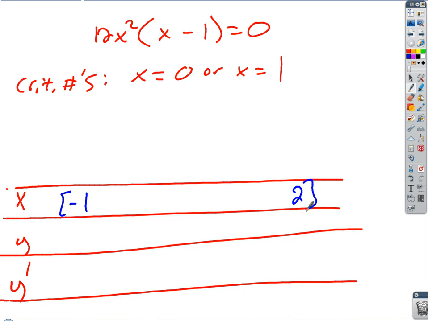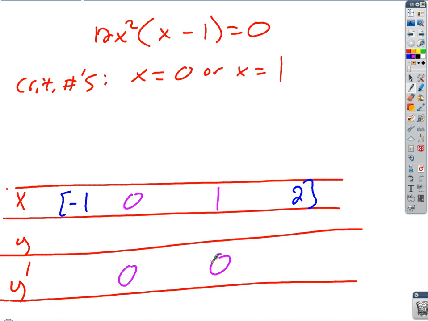And then we found some interior critical numbers. So we had a point at 0 and at 1. And these were places where the first derivative had a value of 0, right? So lining up with those in the y prime row of our table, we can see that tells us that those are horizontal tangents, right?